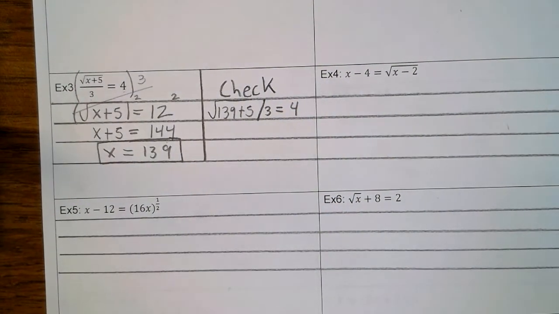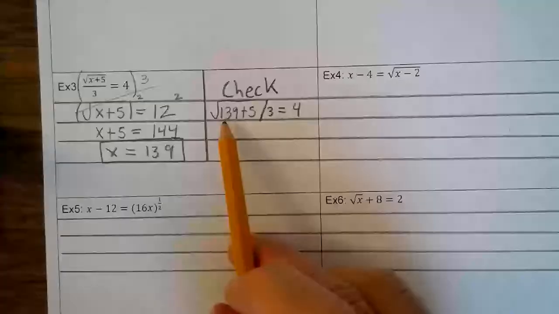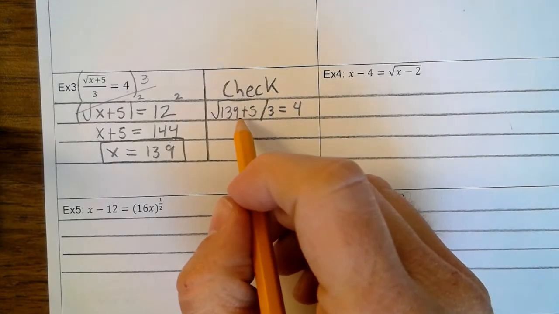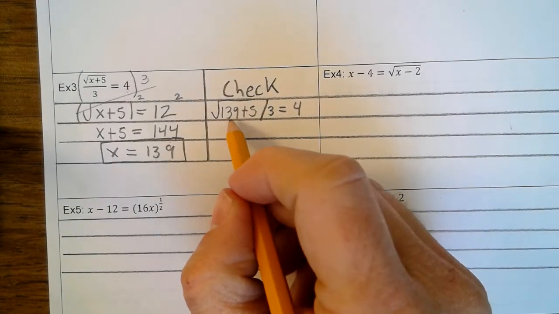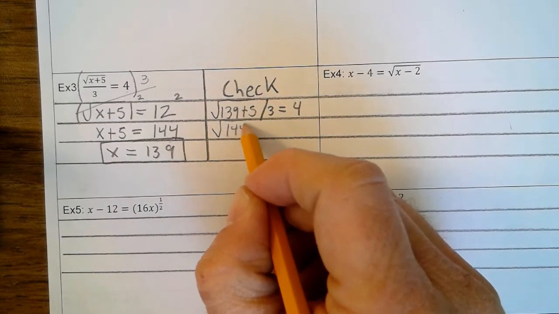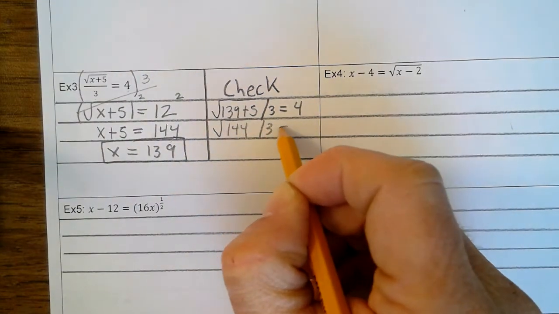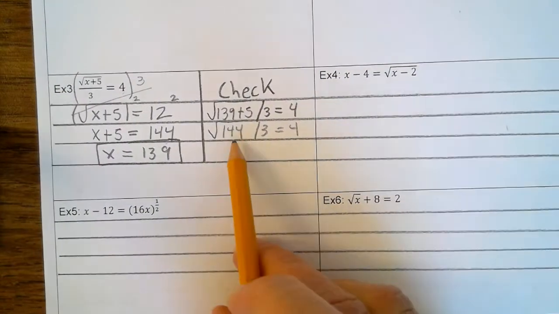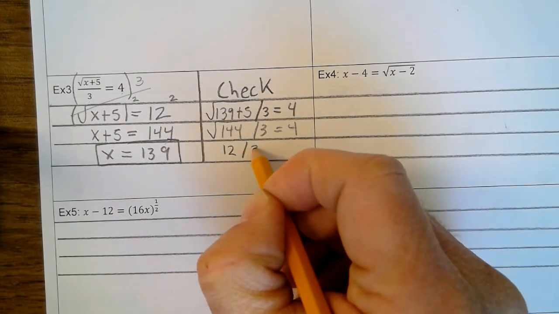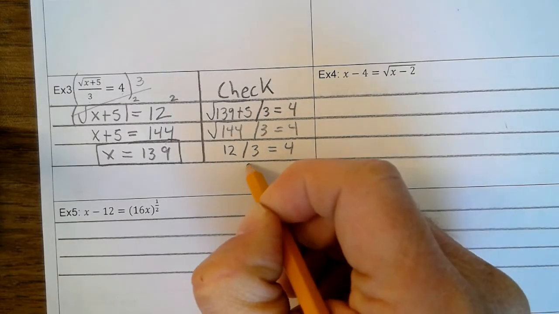Well, 139 plus 5 is 12. Or not 12, I'm sorry, 144. So that's the square root of 144 divided by 3 equals 4. Square root of 144 is 12. 12 divided by 3 equals 4. So 4 equals 4. So this is checked.